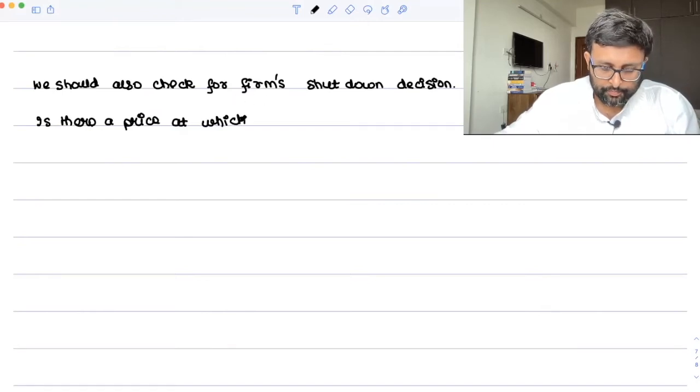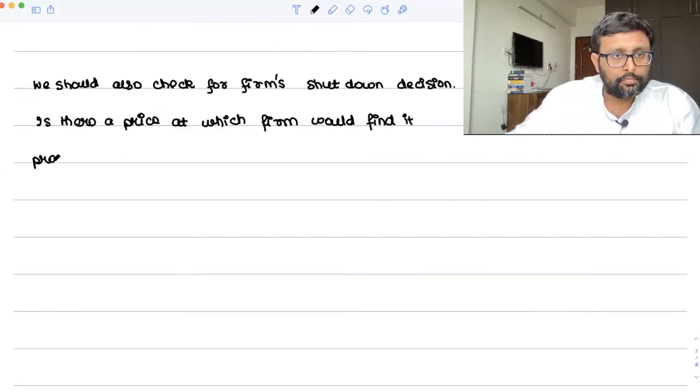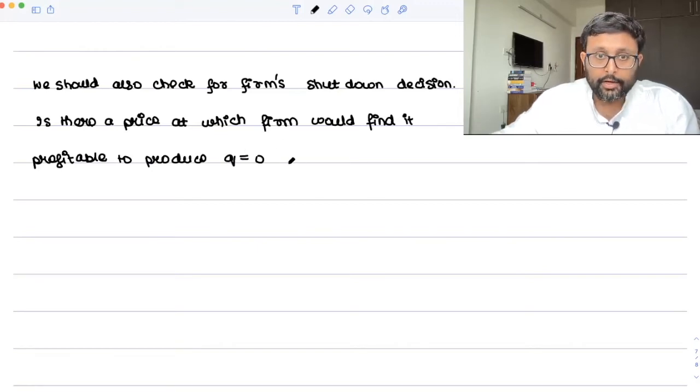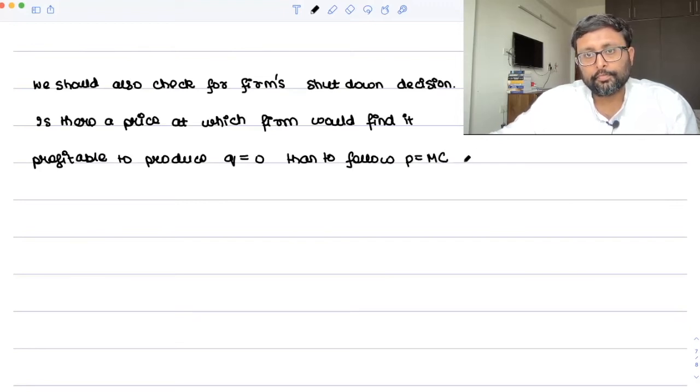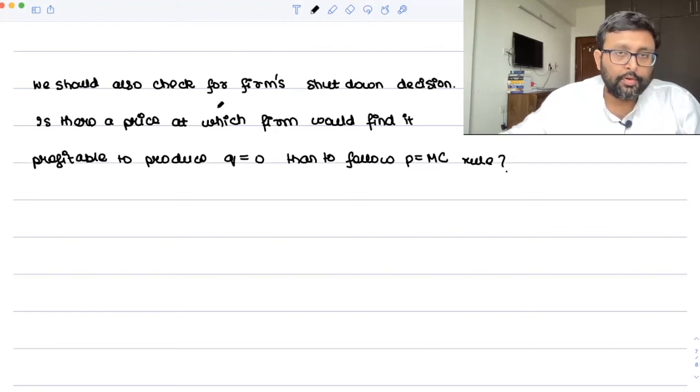At which the firm would find it profitable to produce Q equals 0 than to follow P is equal to MC, right?